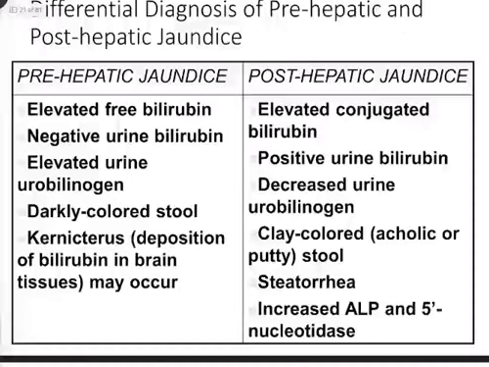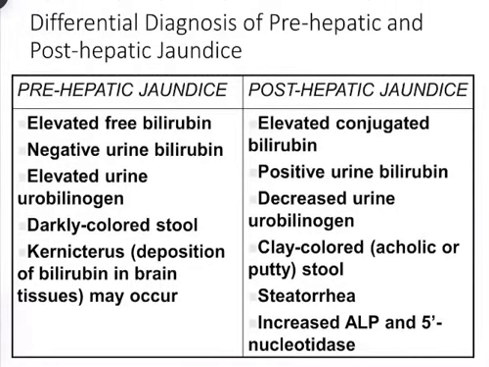Differential diagnosis with regards to pre-hepatic and post-hepatic. Okay? Elevation of unconjugated bilirubin is correlated with pre-hepatic. Negative in urine bilirubin. Why? It is before the liver, so your liver can degrade bilirubin back and process it. That's why no bilirubin is found within the urine.